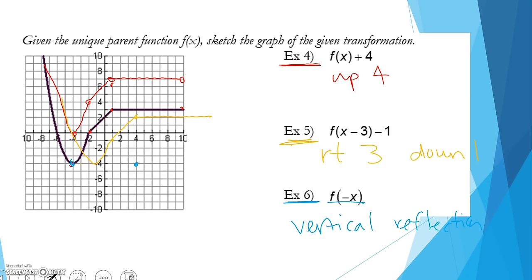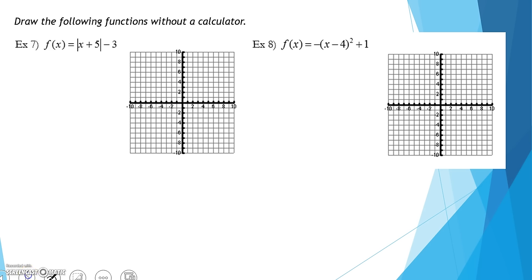Same with this one. That is 2 away, so I'm going to plot it 2 away. This one is 1 away on the right, so I plot it 1 away on the left. This one's 10 away on the right, so I'm going to plot it 10 away on the left. And then I'm going to play connect the dots, just like this. It doesn't have to be perfect, and the one on the test is a little bit easier.